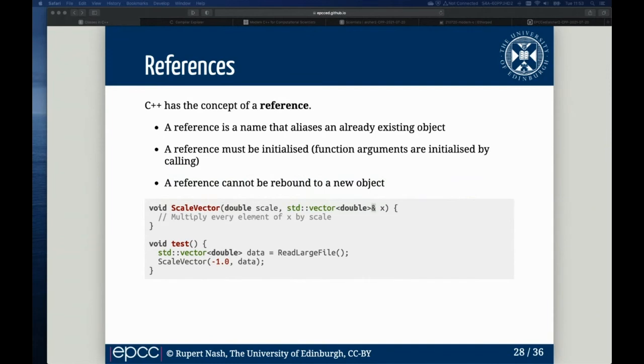We're talking about references. And when I say rebound, that means you can't go int ampersand x equals 42 and then assign it to some other new object. If you assign to it, that is going to be passing through to the underlying object.